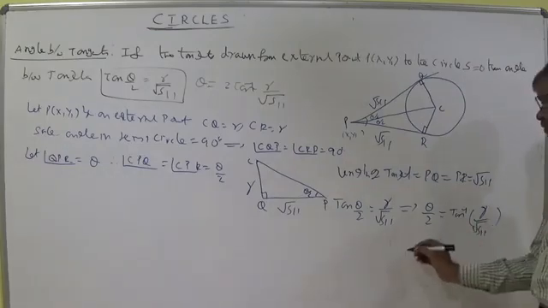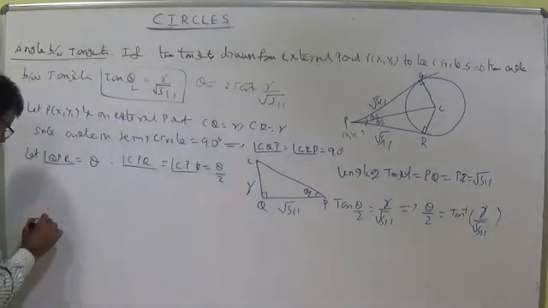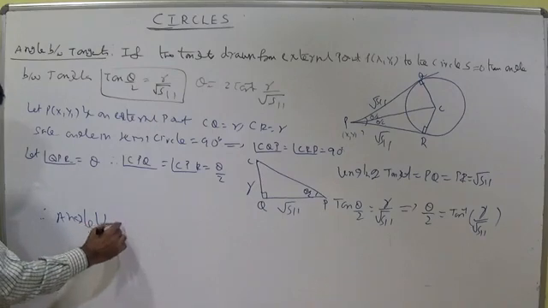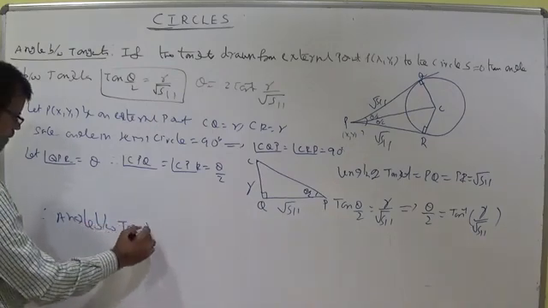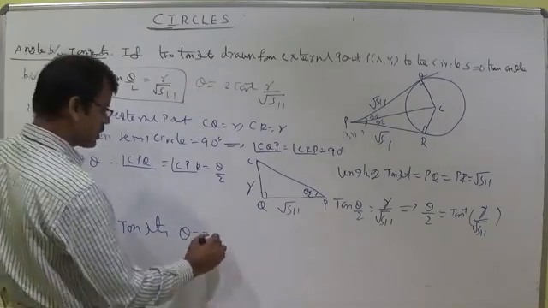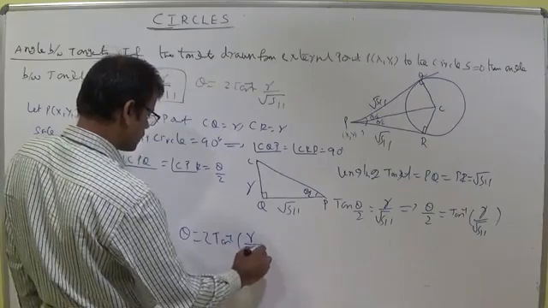Therefore, the angle between tangents is theta is equal to 2 tan inverse of r by root S11.